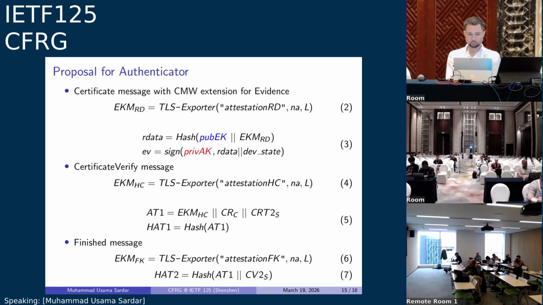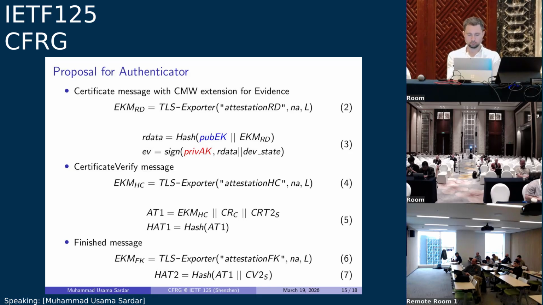For all of those, you see equations 2, 4, and 6, which are the exporting keying materials, the standard TLS exporters. We make no changes to the key schedule; that's the standard API which is provided. We invoke those with specific values, meaning the context, label, and length are all that we change, and each of them has a different context so that they cannot be mixed and matched.